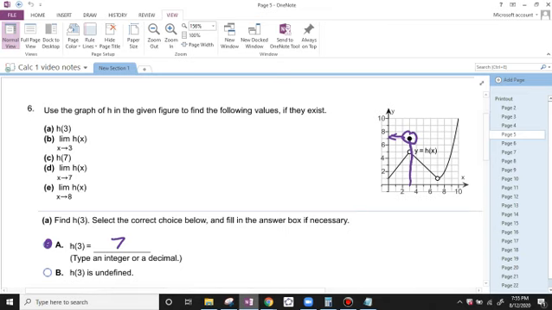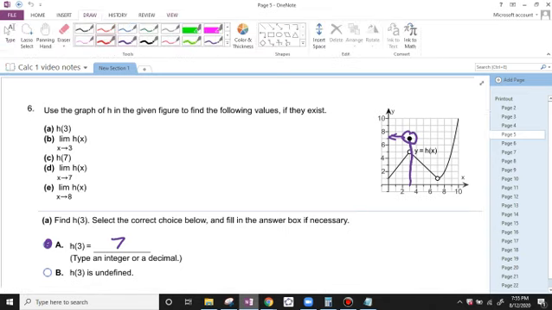What's the limit as x goes to 3? Well, as you come from the left, as x goes to 3, it looks like it's 5. If you come from the right to above 3, it looks like it's also 5. Looks like it's 5.